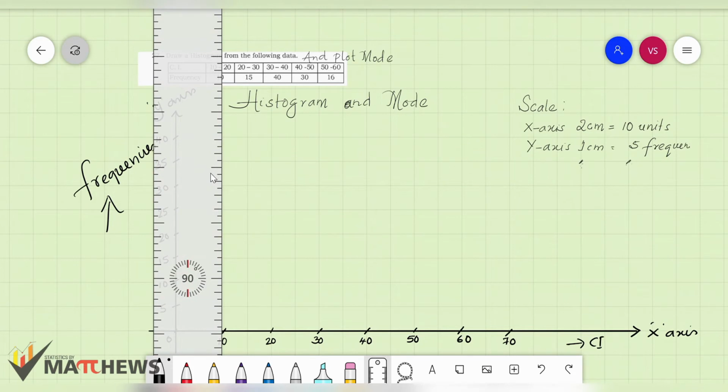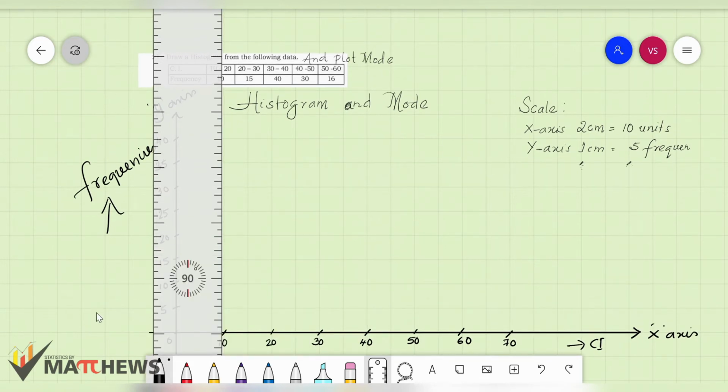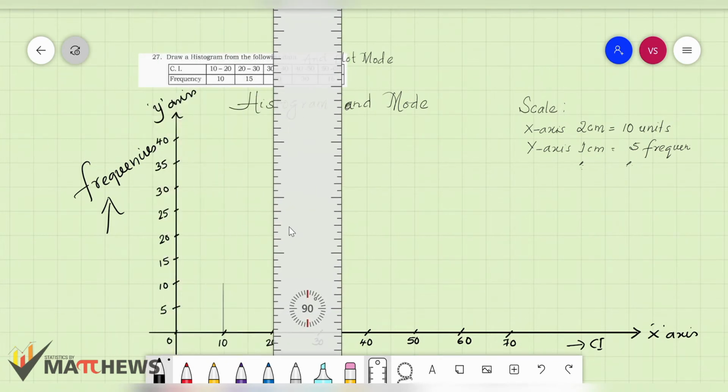I'm drawing. Okay, I'll take a thin line so it will make the graph clear. It's a thin line, and this side it's a thin line.